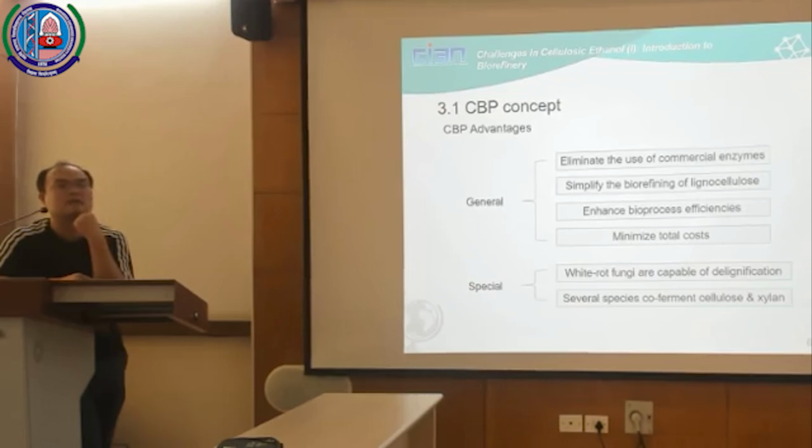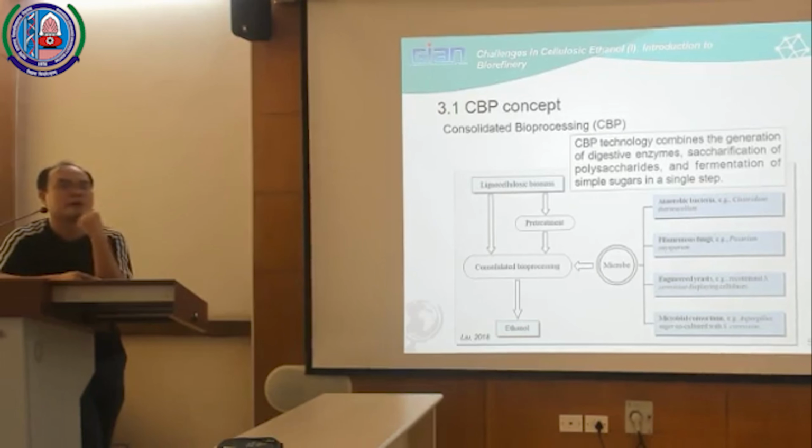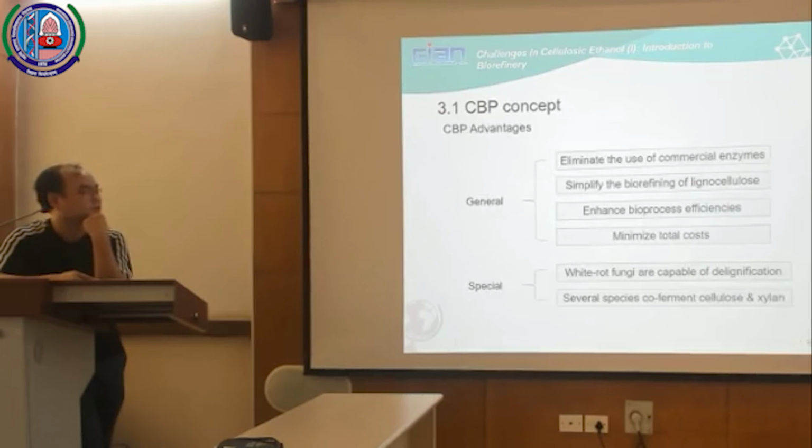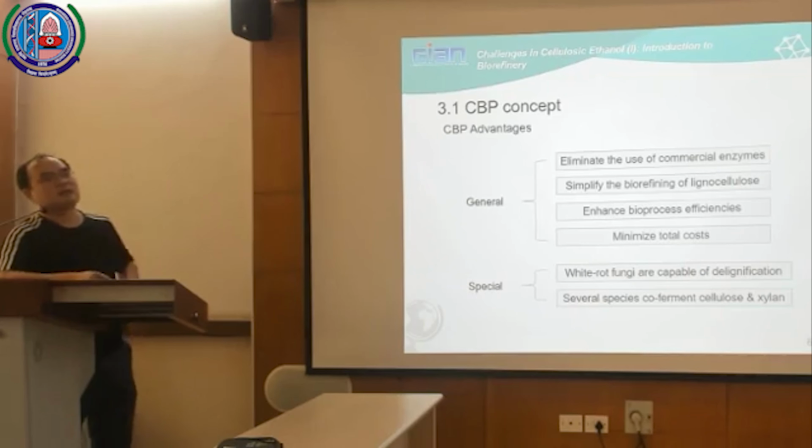I couldn't believe that. I think it's slow. It's very slow because the microbes need many more times to produce the digestive enzyme, and the enzymatic hydrolysis rate is very slow at the first stage. And finally, it minimizes the total cost, especially the white rot fungi.